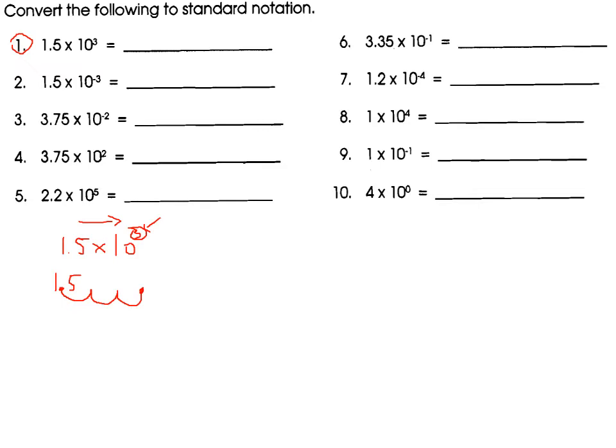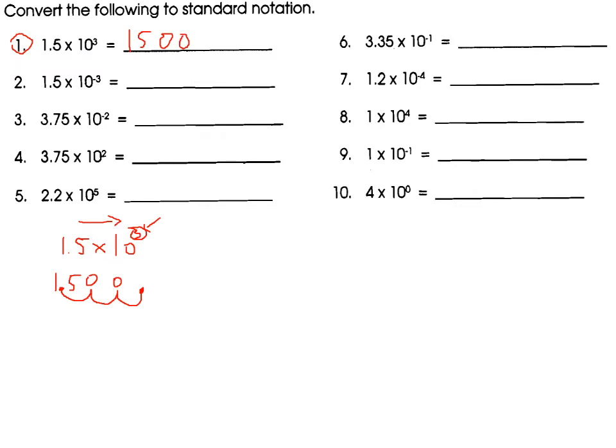And any place where you see a space where your decimal was not before, you're going to put a 0 there. So you have 1, 5, 0, 0, and we're not going to put a dot at the end.